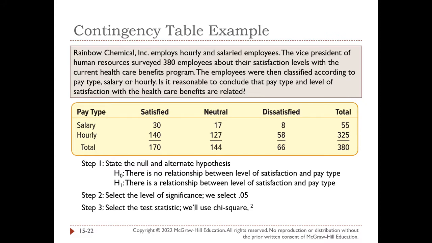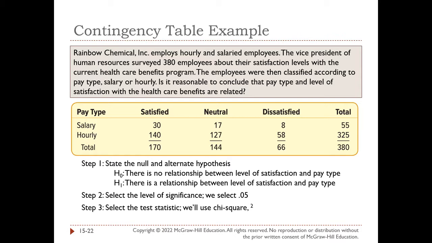So, our actual example that we're going to use: Rainbow Chemical Inc. employs hourly and salary employees. The Vice President of Human Resources surveyed 380 employees about their satisfaction levels with the current health care benefit program.